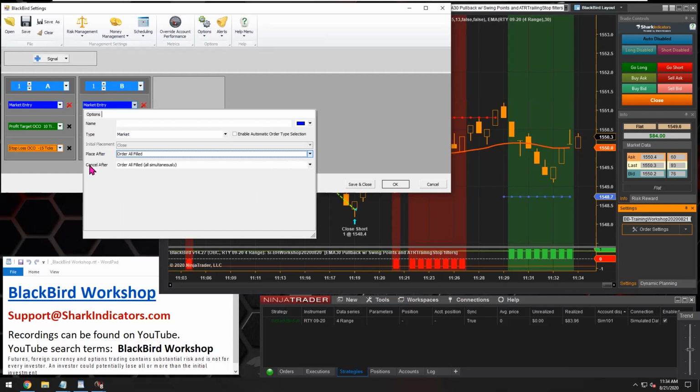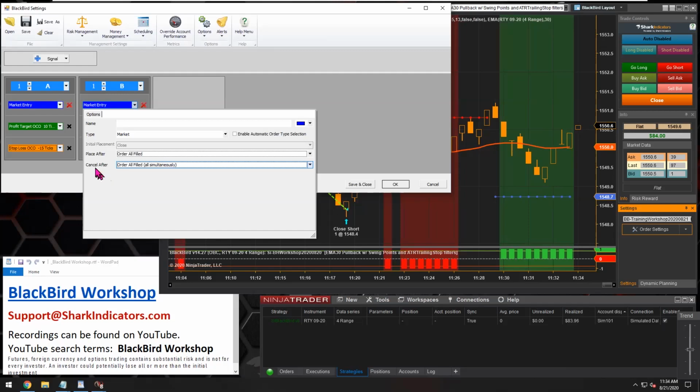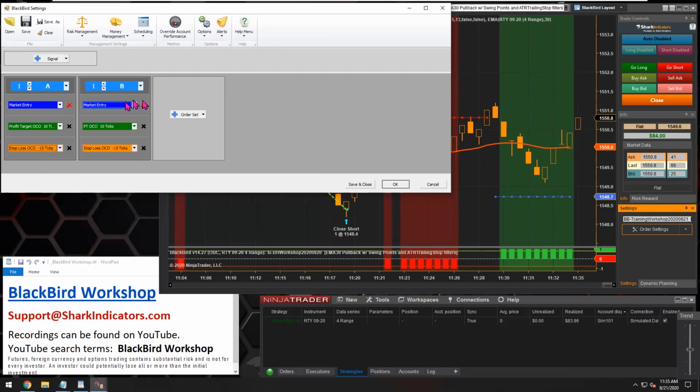So that's why there's a cancel after: you've got to tell the software, okay, stop waiting at this point and just cancel your waiting command. So if the stop loss gets hit, it seems to make sense that we want to cancel order B here.